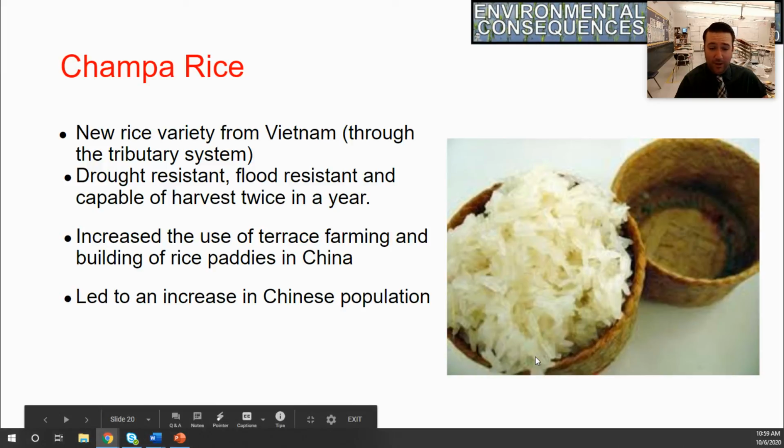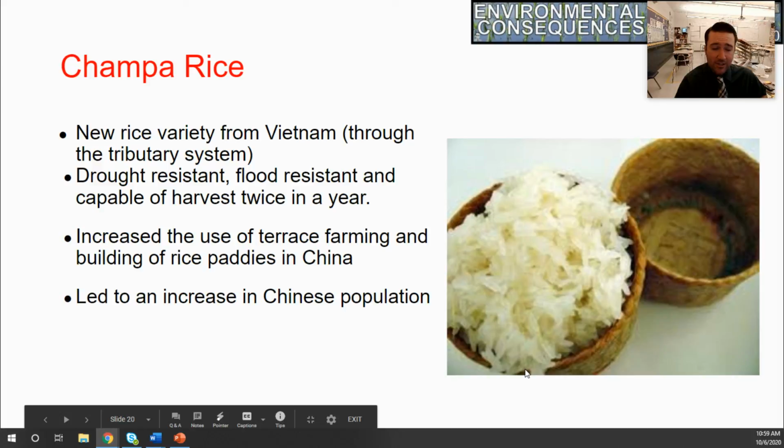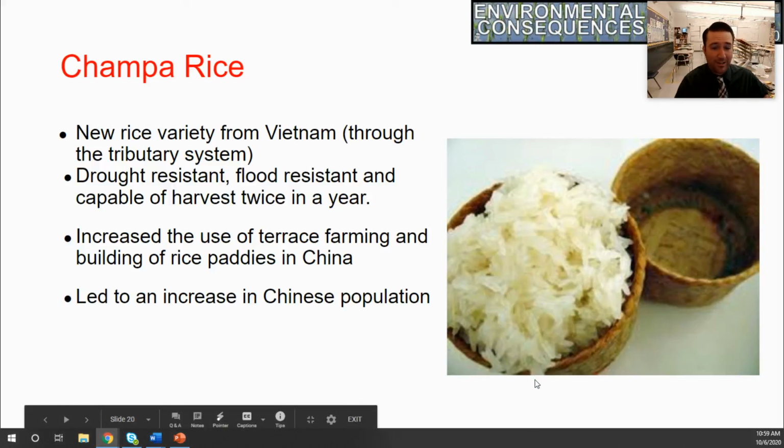Champa rice we talked about with 1.1 as an important crop that diffuses into China, coming from the Champa Kingdom, where modern-day Vietnam is. This came through the tributary state, and it was drought-resistant, it was flood-resistant, it was capable of harvesting twice a year. It's an incredible crop, and when it spreads to China, they're going to change their environment. In the northern parts of China, where they have more mountains, they begin to practice more terrace farming, so they're changing the environment to be able to grow more of this crop.